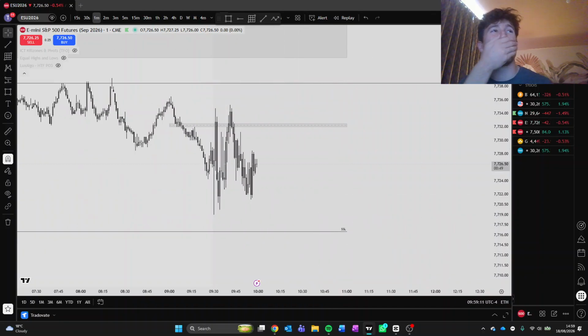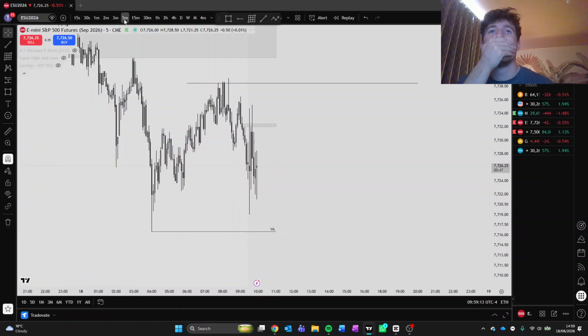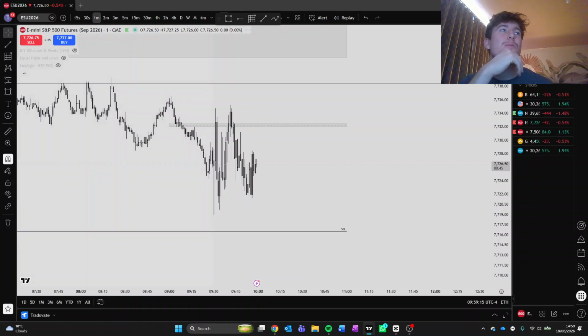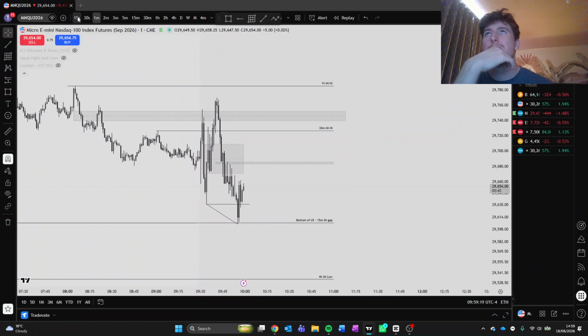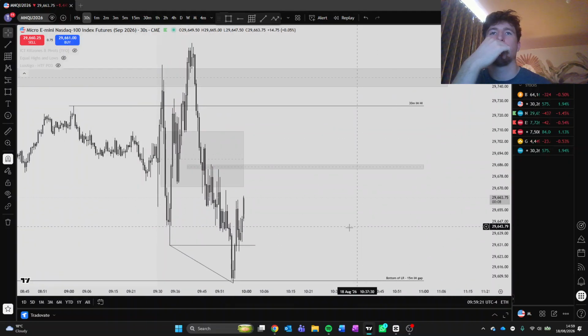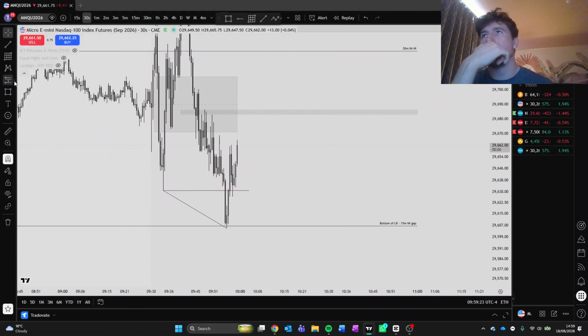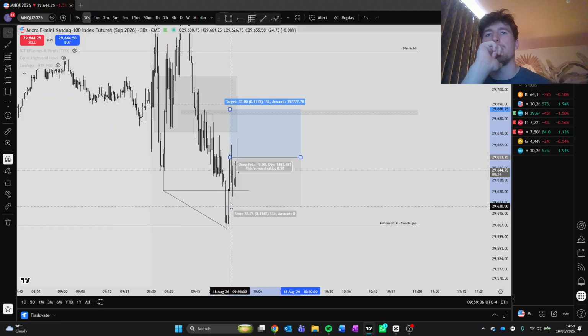Oh, this looks so bad. Look at that. That just looks so trash. Honestly, I don't think this trade is the worst.